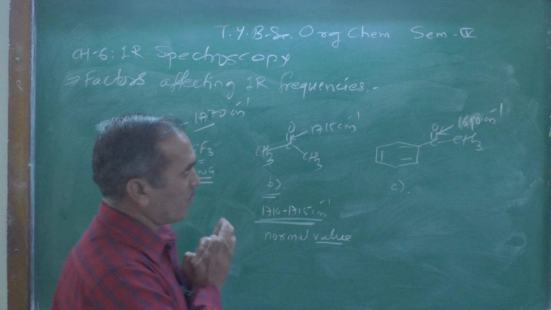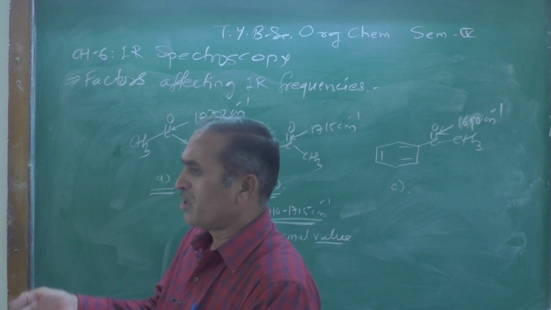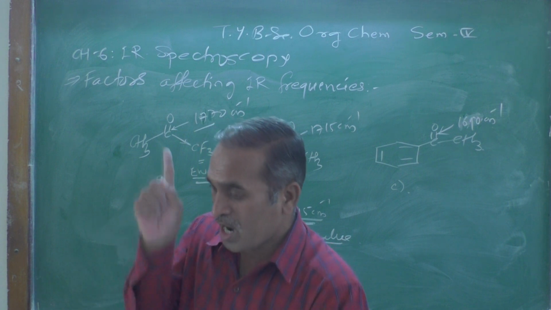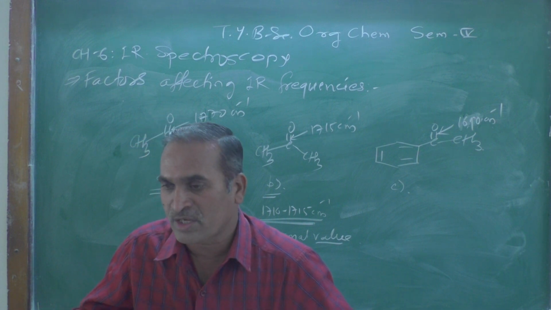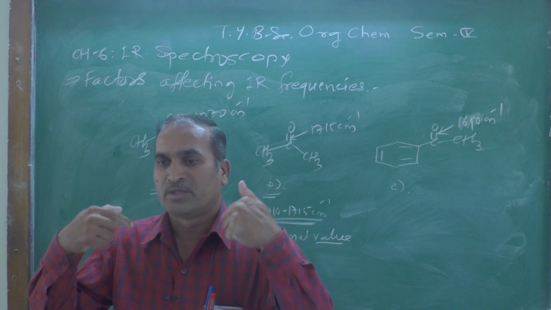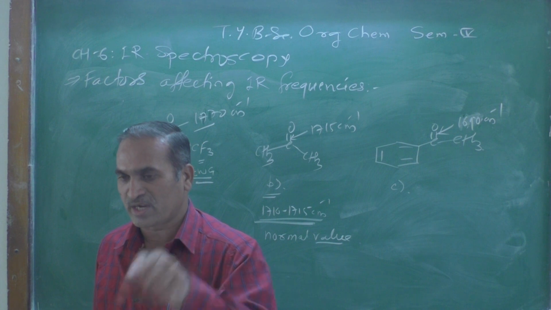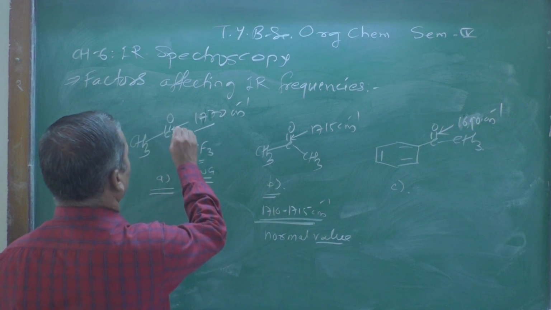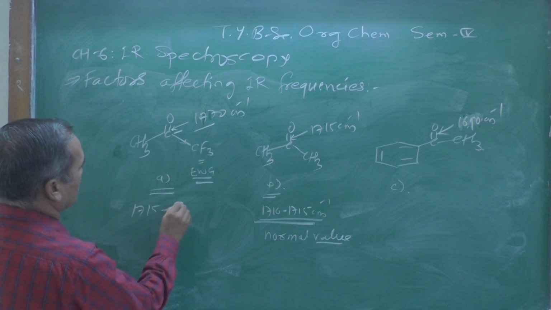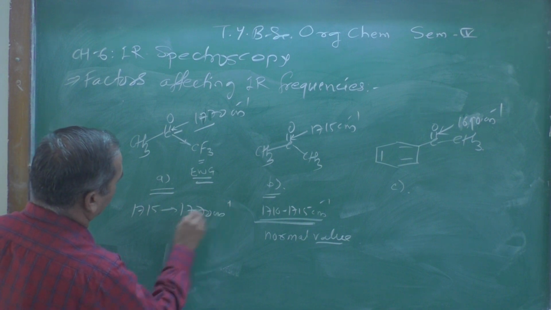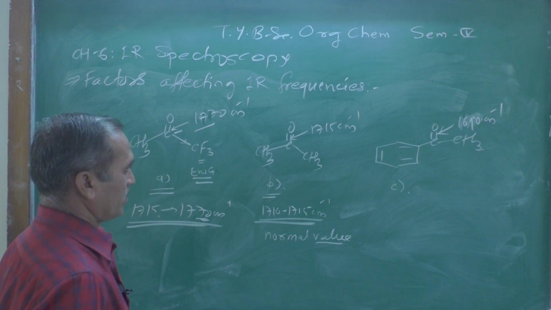When the electron withdrawing group withdraws the electron, there is an increase in the force constant, and as we know, as the force constant increases, bond strength increases, and hence there is an increase in the vibration or stretching frequency. That is the reason why the normal value changes to 1770 per centimeter. This is due to the electron withdrawing group present there.